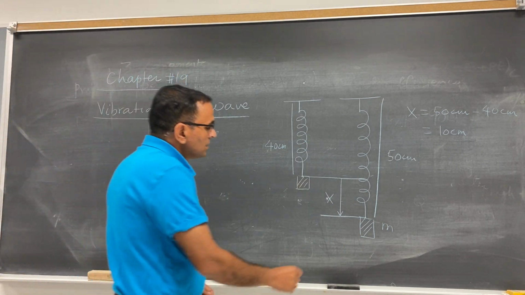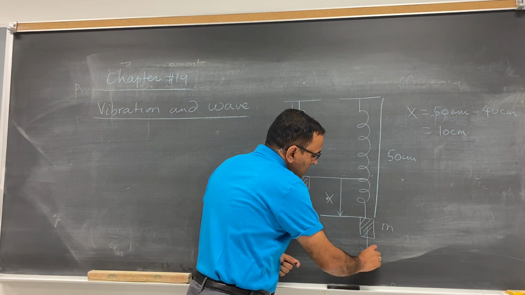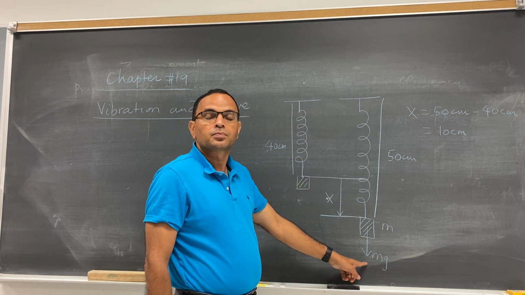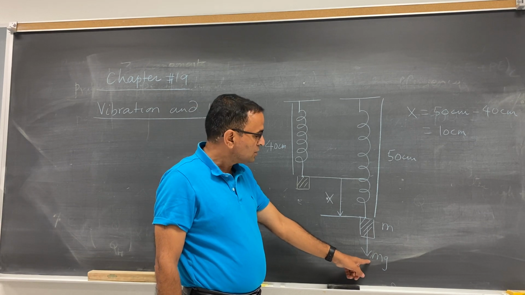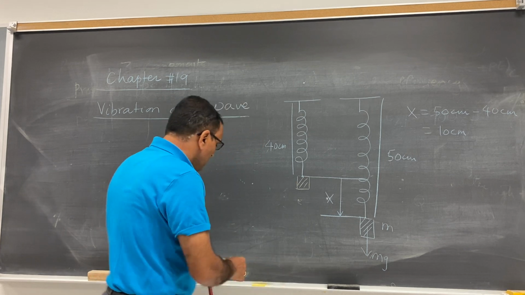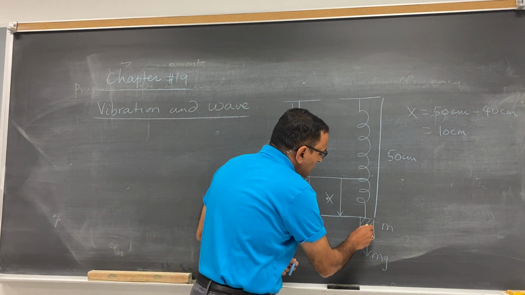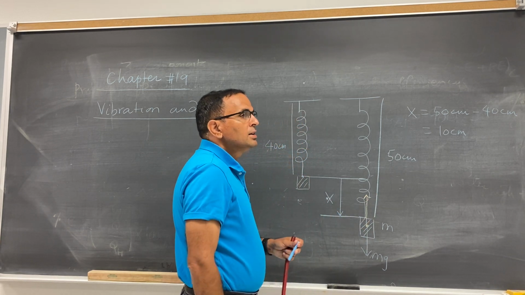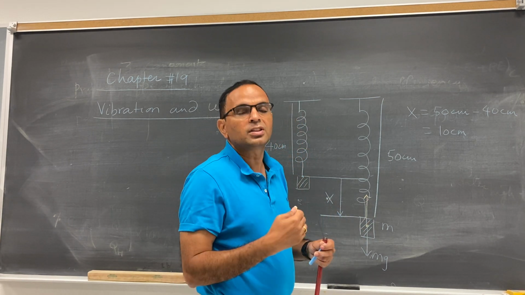So look, this force mg pulls the spring, changes the length of the spring. Due to this force mg, the spring is extended here, elongated. But there is another force in upward direction. This force restores the spring.